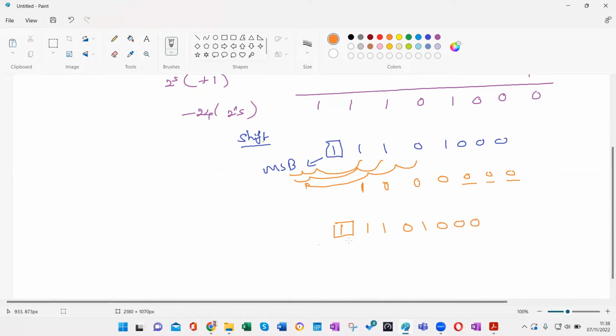Let's check whether this number is correct. This is 1, 2, 4, 8, 16, 32, 64, 128. You take 128 as negative, minus 128.